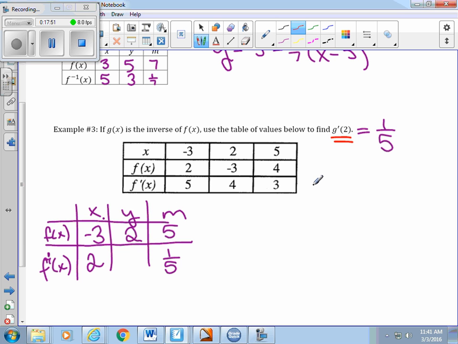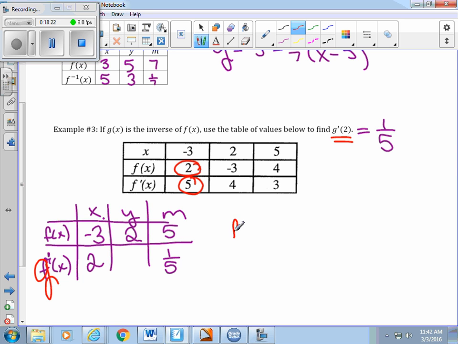Find g prime of 2, which is the x value on g, the inverse of f. If that's the x value on the inverse, it's the y value on the original. And so then I go up to my table and find when 2 is the y value. The x value is -3, and then the slope is 5.